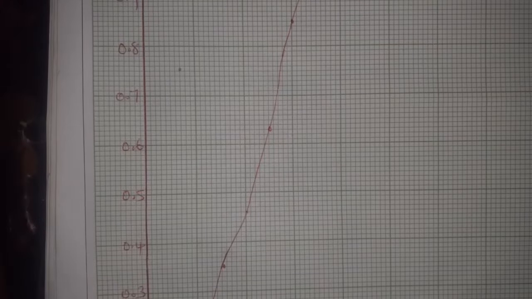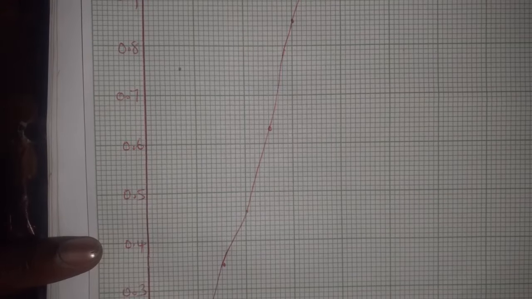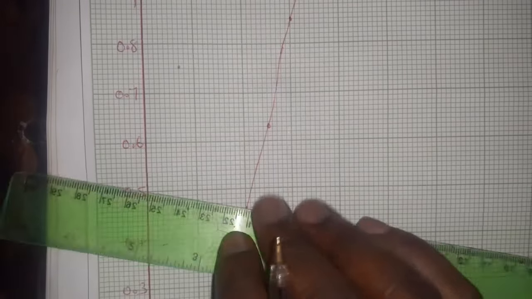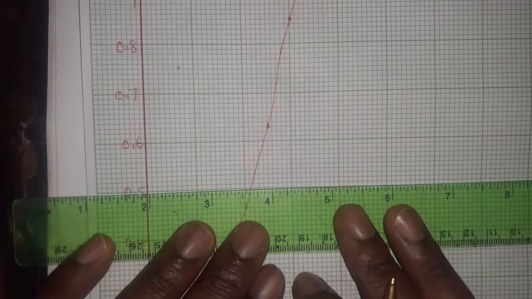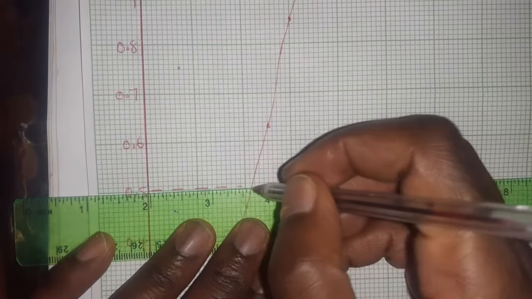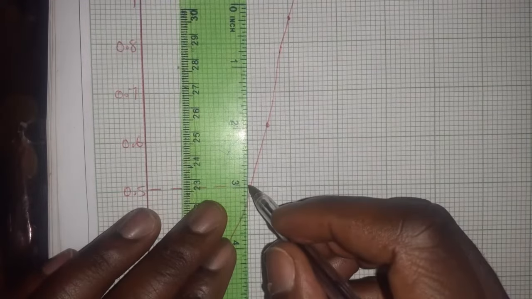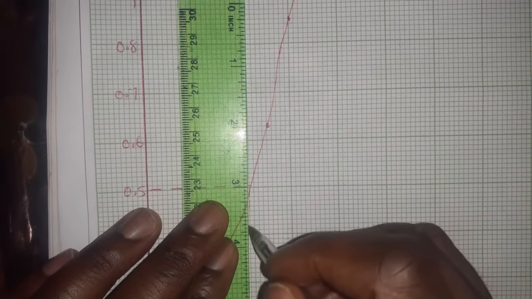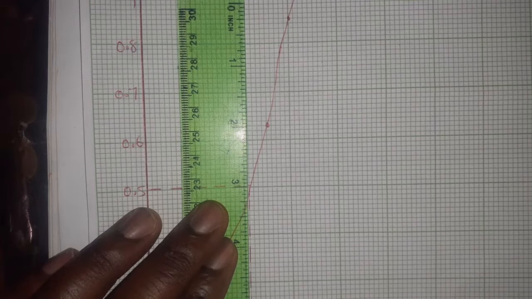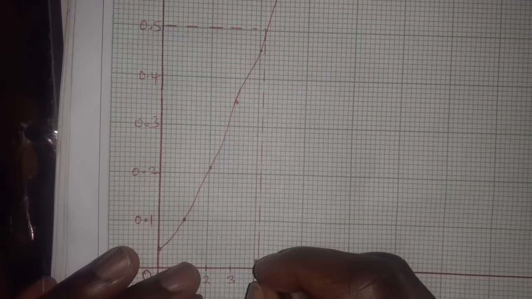Now this 0.5 must take us to our graph work. This is where we are, isn't it? 0.5. So we draw across to the curve, then you come down straight. Our answer is what we get here.